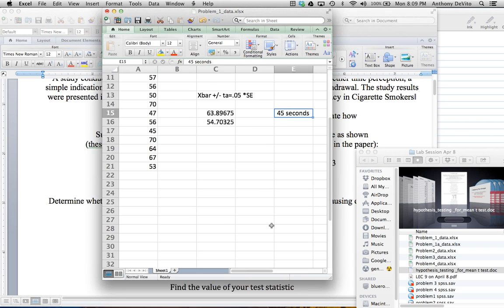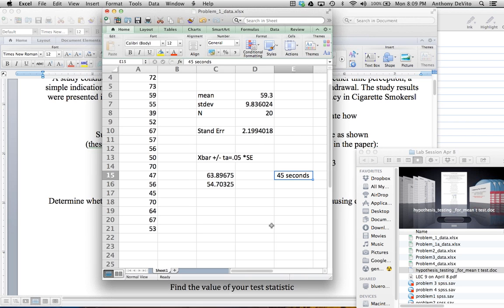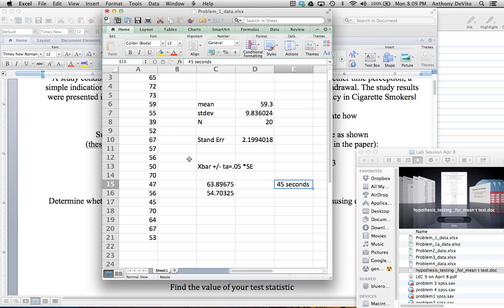Okay, so now I'm going to take a look at this from another perspective. Another way of looking at this is for me to say, well, how many standard deviations apart is what I think the mean is and the value that I'm comparing it to? I only have one standard error here. It's 2.199. That's my standard error for this sample.